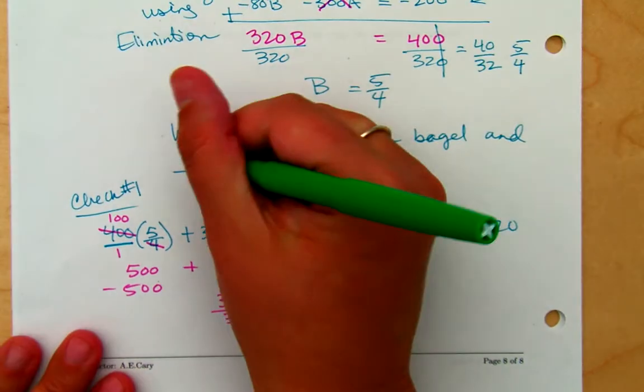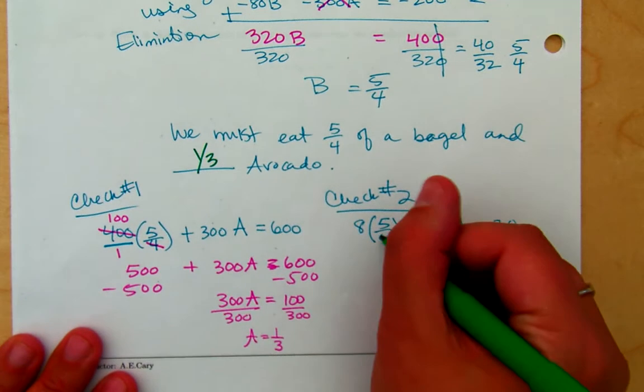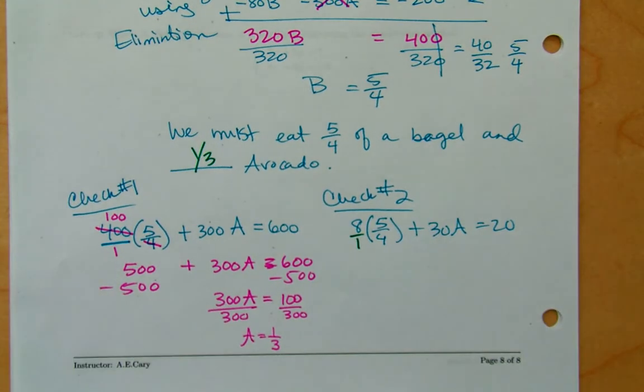Okay, and let's say we have to do it in the other one. So let's just do these fractions. Let's practice these fractions. 8 times 5/4, 8 over 1.